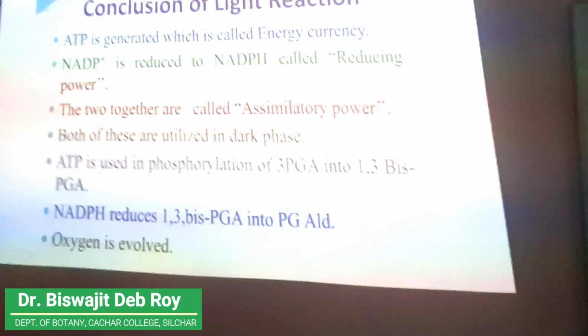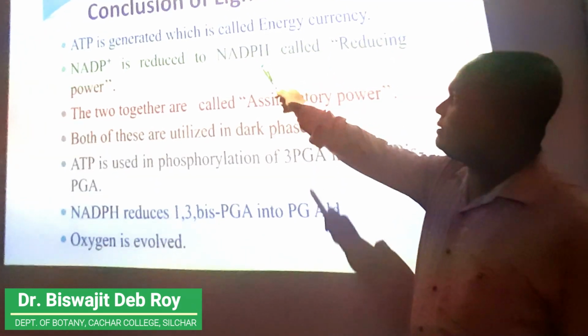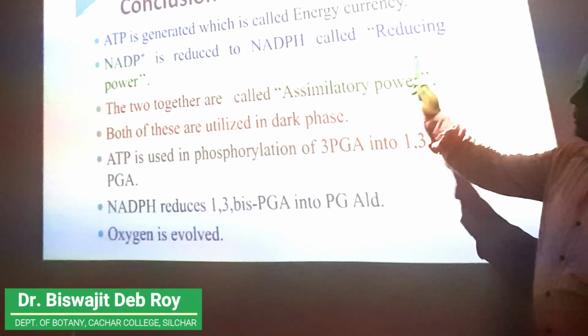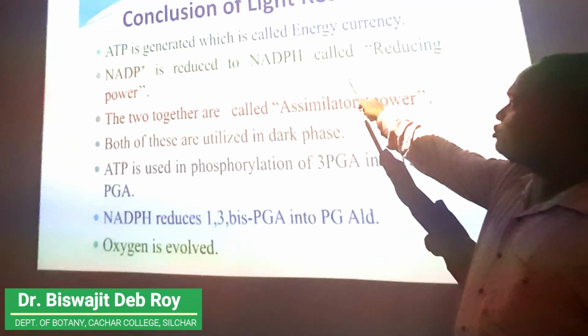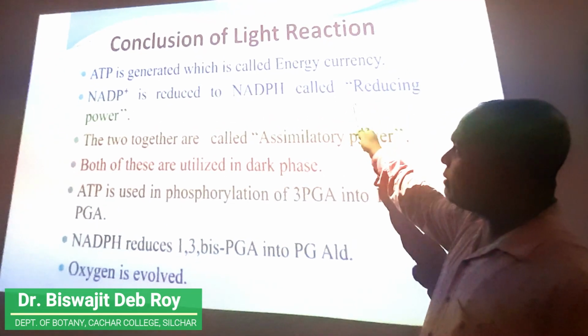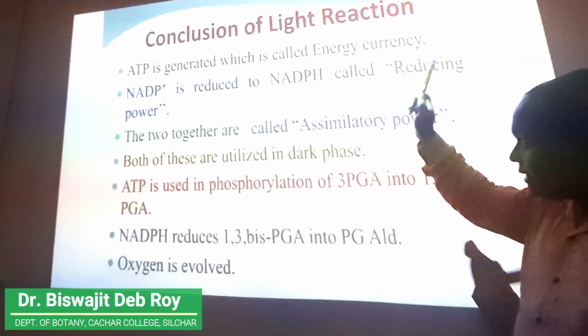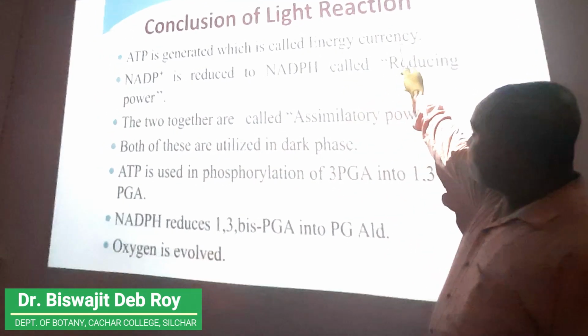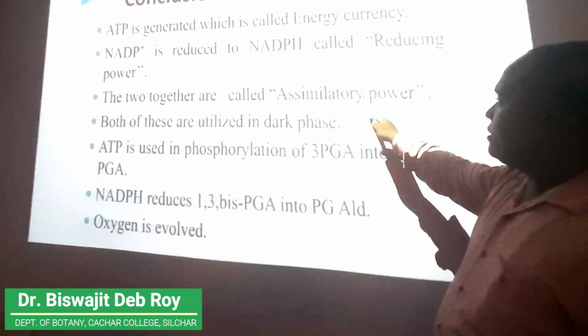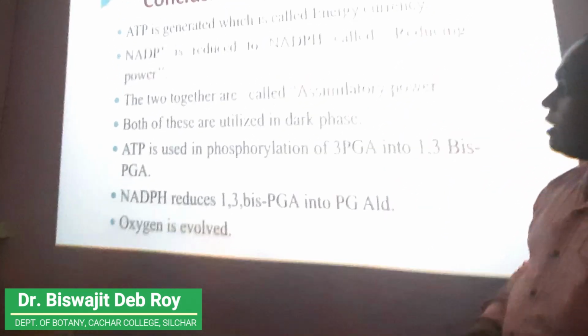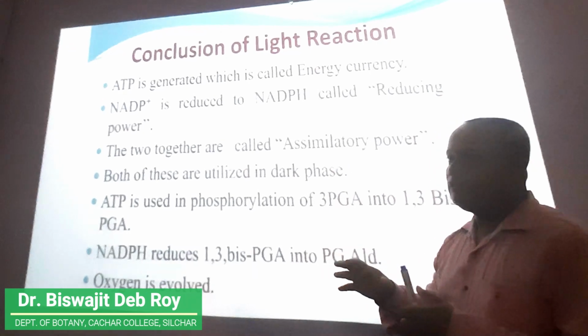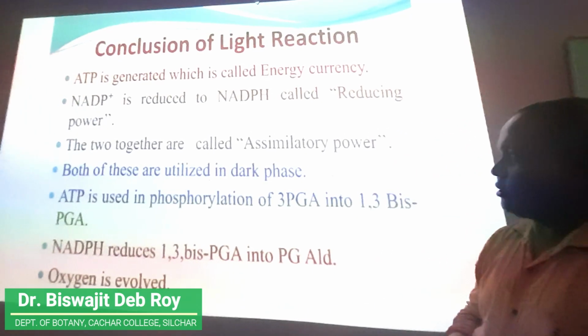So what conclusions can we draw after the light reaction? ATP is generated. First, NADPH is produced, which is called the reducing power of photosynthesis. ATP is called the energy of photosynthesis. Oxygen is formed, and ATP and NADPH are called assimilatory power, and both of these will start the dark reaction.